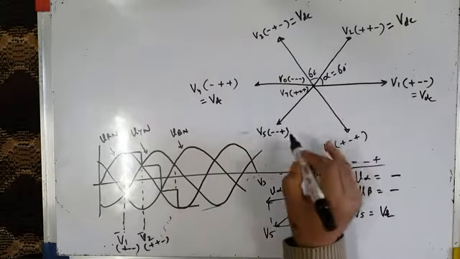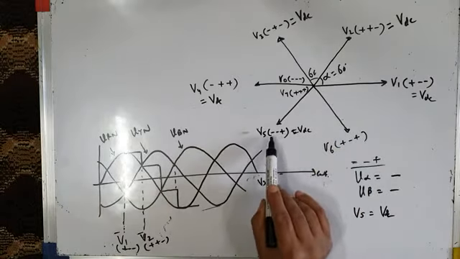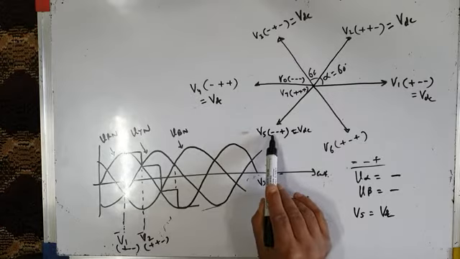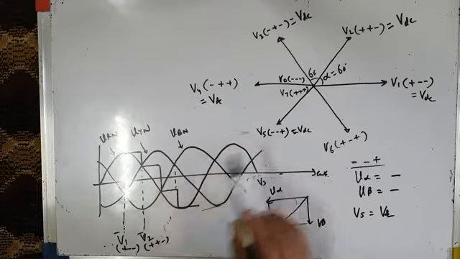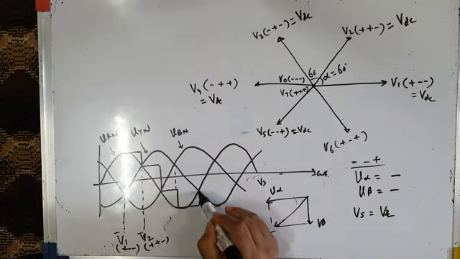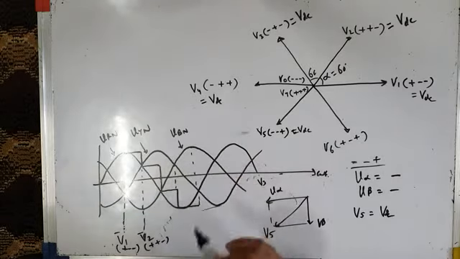Its length is also equal to VDC, and it represents three phase voltages whose status is minus minus plus. That means R phase voltage is some negative value, Y is also some negative value, and B phase is maximum positive. Here you can see R phase is having some negative value, Y phase is also having some negative value, but B phase is having maximum positive value.